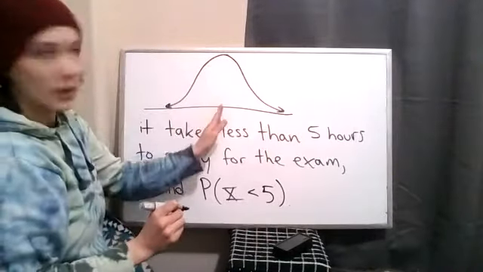We want to find the probability of studying for less than 5 hours. So we'll find 5. Here's 4, there's 5. We want to go less than 5 this way and find the corresponding area. So this is what we want.